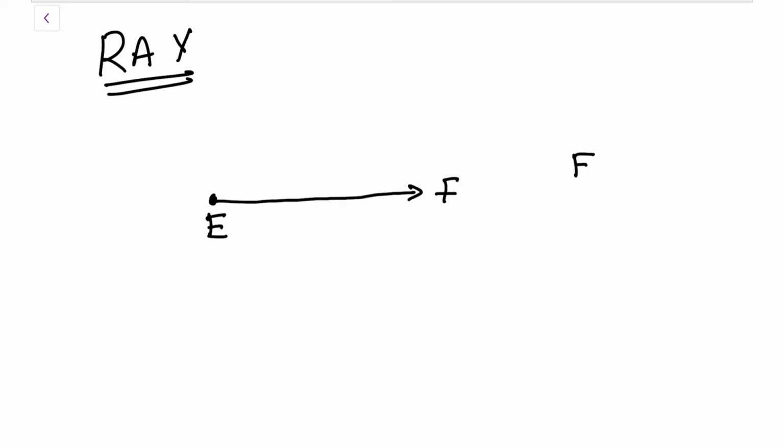And the symbol for ray is, can you guess? Starting from one point and ending indefinitely. That's right, EF. And what about this? You have G and you have H. So this is ray GH. Okay. This is nothing but a ray.